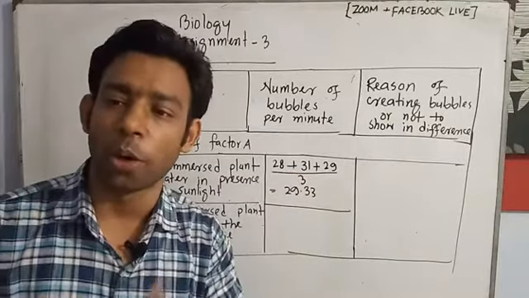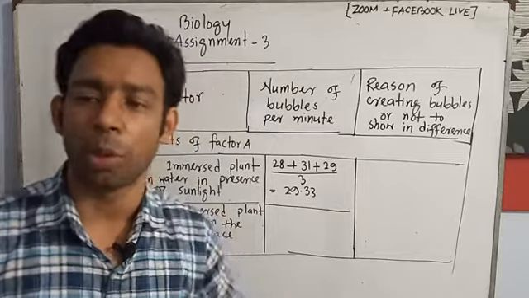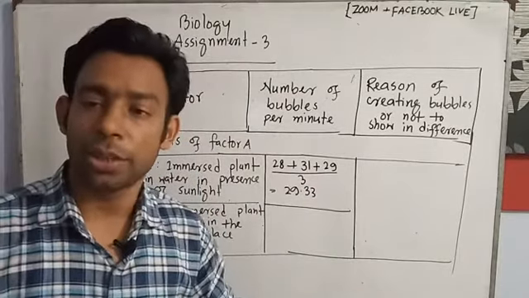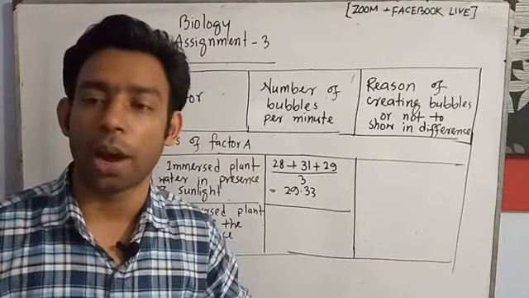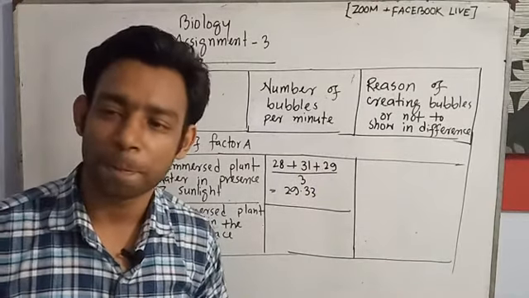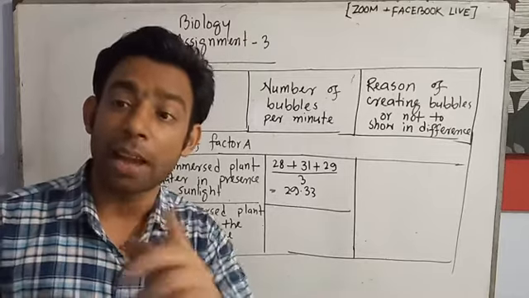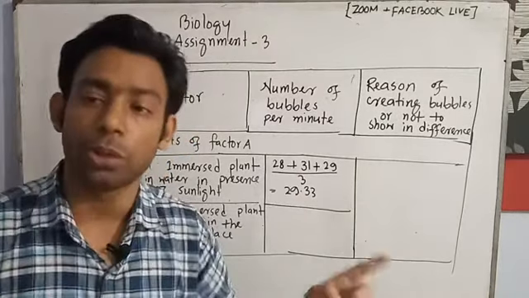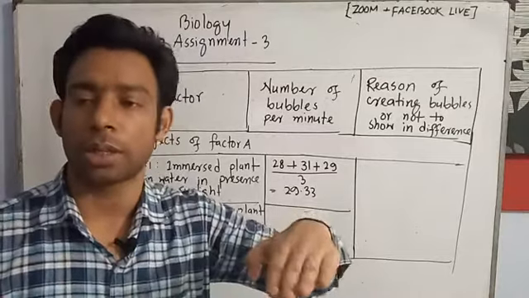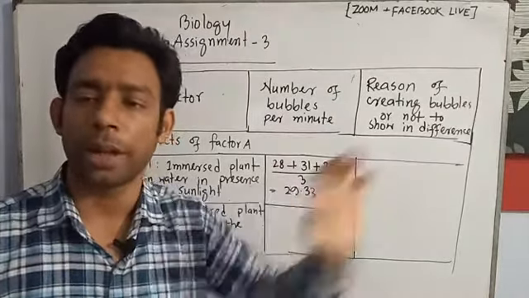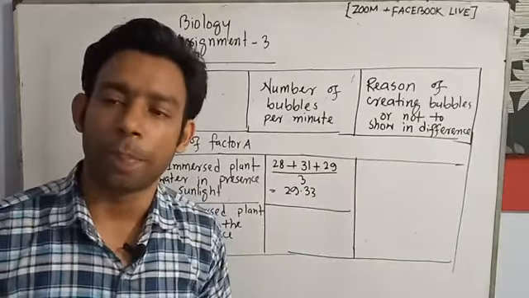Sometimes, today's morning, the same experiment. Yesterday I did it to complete your assignment, but today's morning I counted per minute, and in the very first minute I got 55 bubbles. It can differ for you, because I just give you a sample. You will do it by your own sense. Just immerse a plant in water and keep it in the sun, and immerse a plant in water and keep it in a shady place, and count.